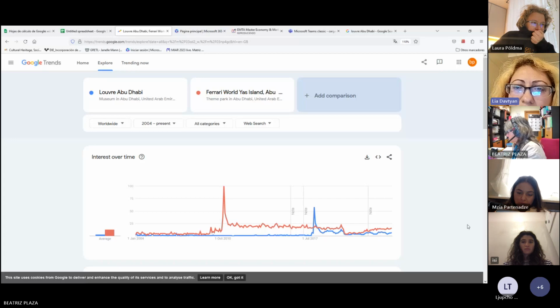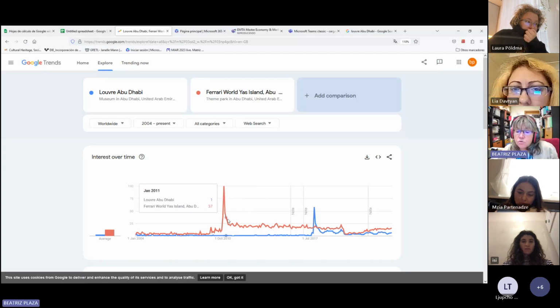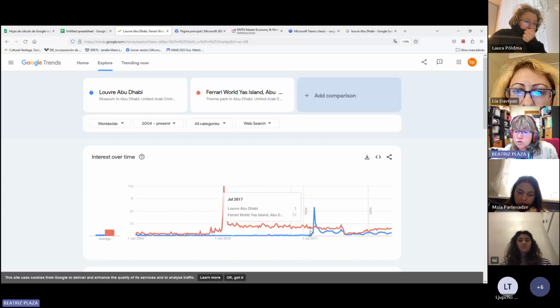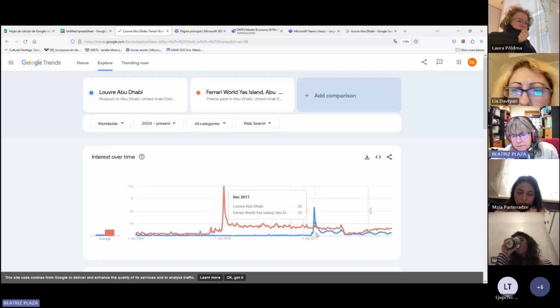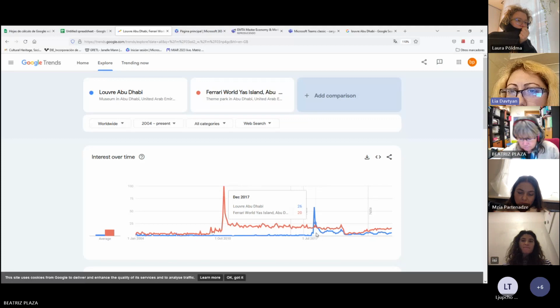Why do you click on the diagram to see when it is opened? Yes, because you just follow the line with the mouse. But which line shows the opening date? The opening, which do you think would be the opening, if I may? From 2004, yes.